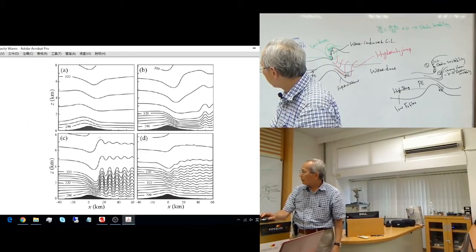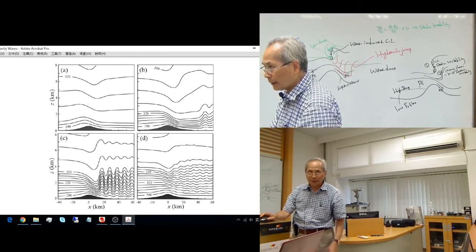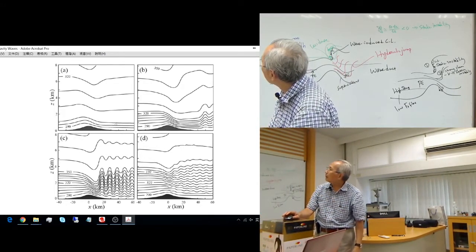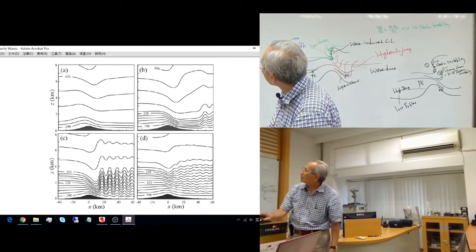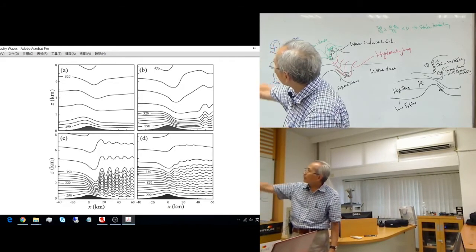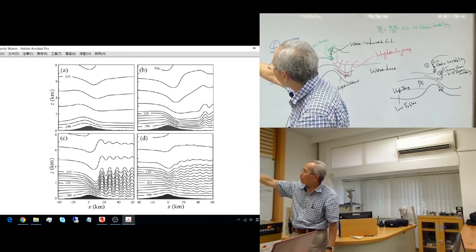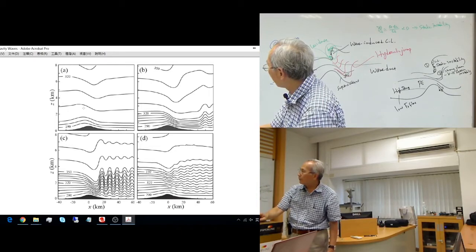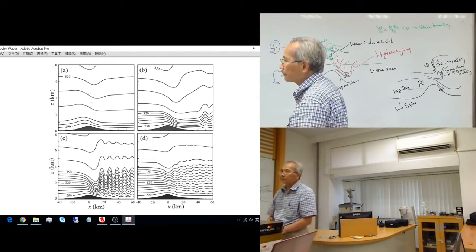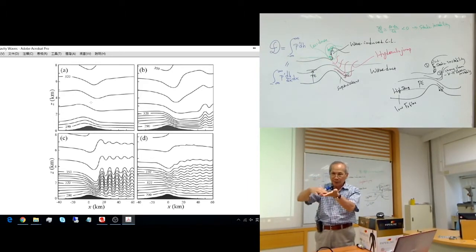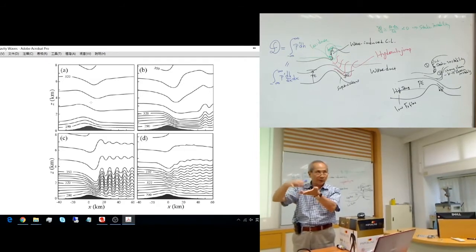And then this is in a paper by Durran, a professor at the University of Washington. Now, if somebody shows you this picture and asks what the major features are, can somebody tell me? Here is the layer of atmosphere, which means the stratifications are different.